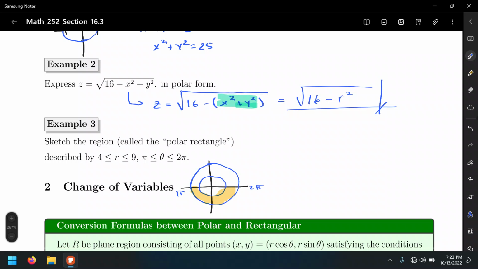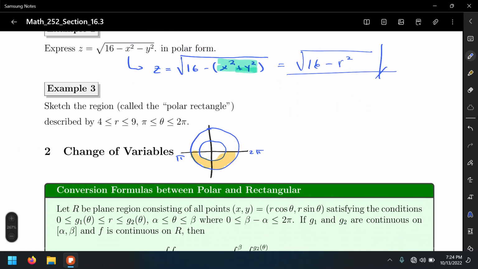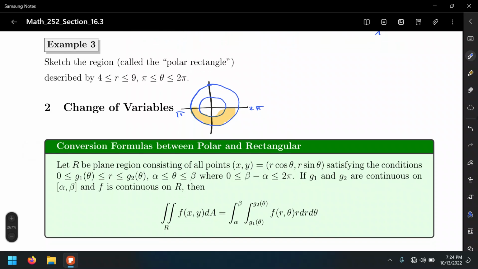All right. So we're going to look at this region later when we set up some of the integrals that will be redefined in terms of polar functions. Now, how do we change those integrals in particular from the world of xy to the world of r theta?